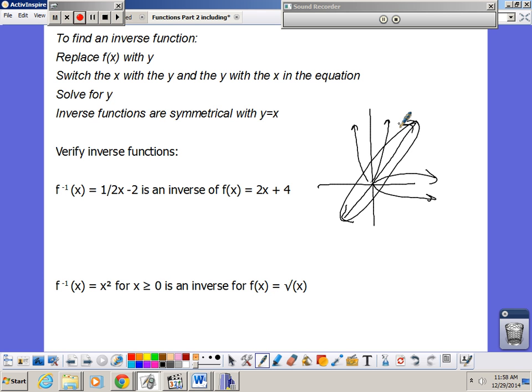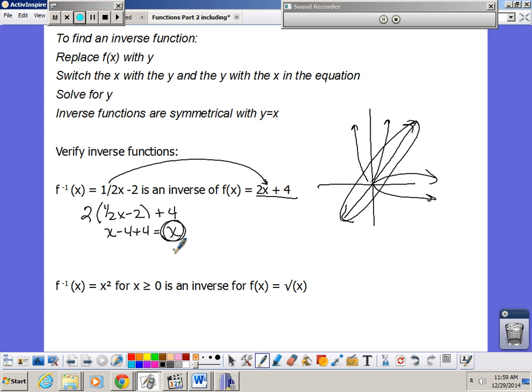Okay, so I want to know if this is the inverse of this, and I can do it two ways. The first way is I can take one of the two equations, I'll take this one, and plug this in. So I get half of 2x minus 4 plus 4 equals x.